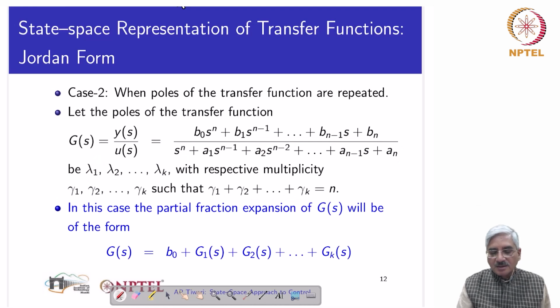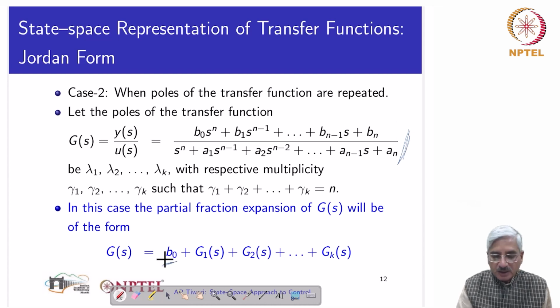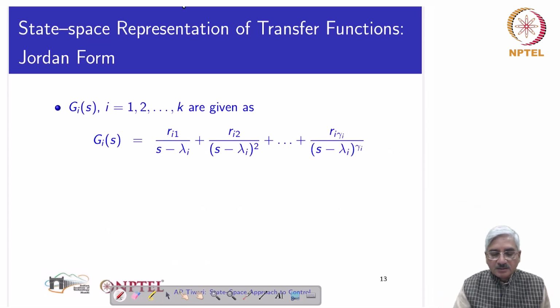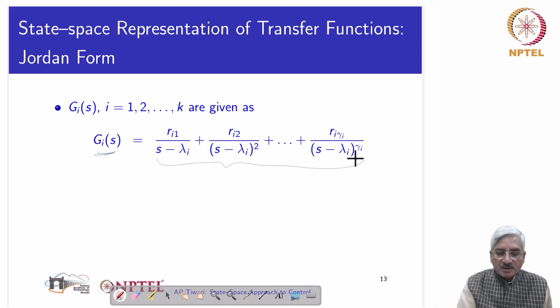In this case, the partial fraction expansion of G(s) will have, of course, a constant term b0, but we will have k transfer functions G1, G2, etc. The ith of them will be a term with residues Ri1, Ri2, etc. Each one is represented as many terms as the multiplicity.